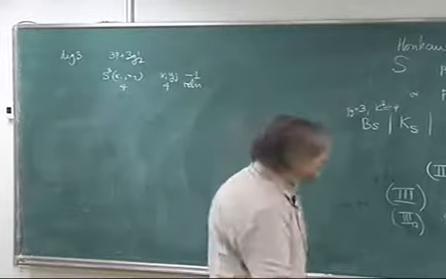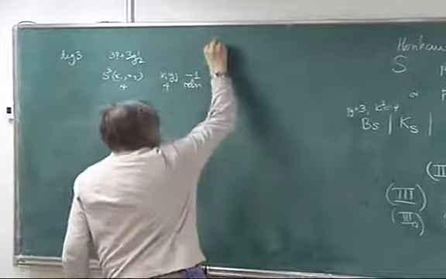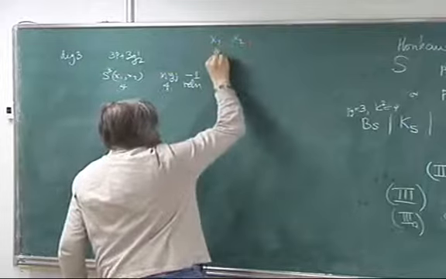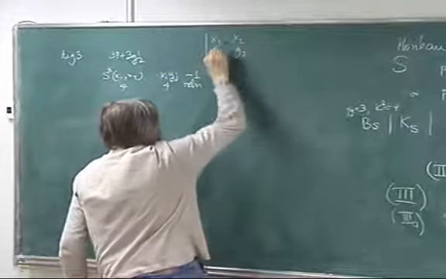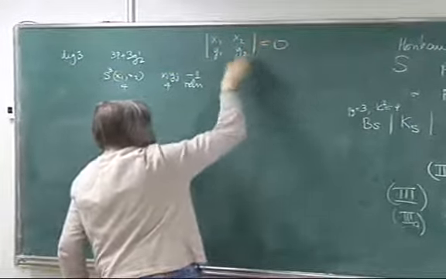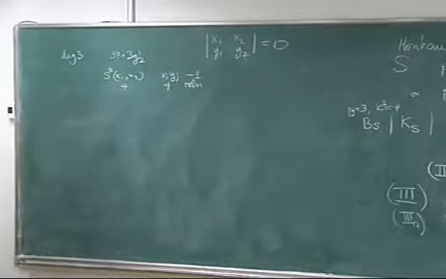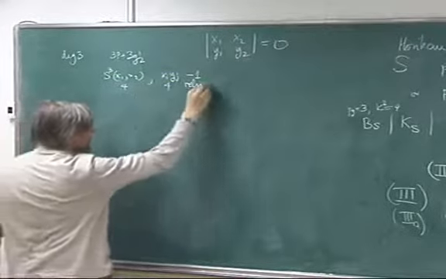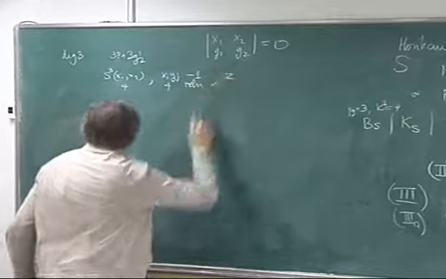Because x1 x2 y1 y2 is equal to 0. This is a relation between these 4 guys, and so there must be a new element there, z.